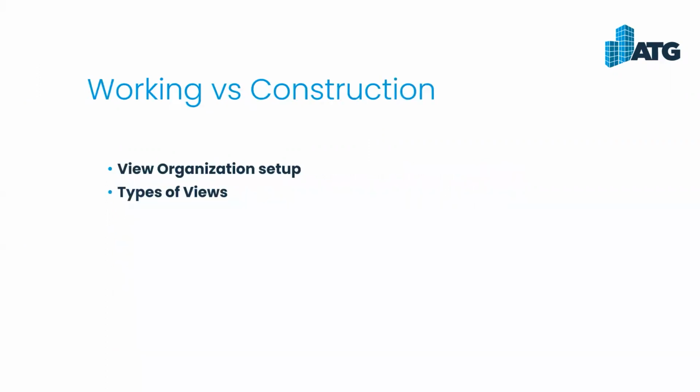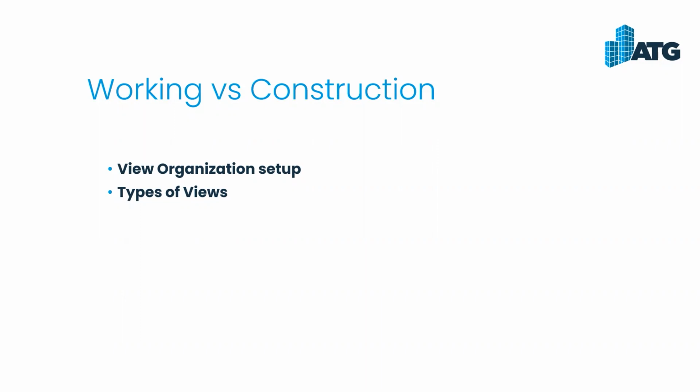So first off, the working versus construction views. How do we go in and set up these different types of views? The first thing is really your project browser. You want to make sure that you have your view organization in your project browser set up to show the different view classifications that you have.